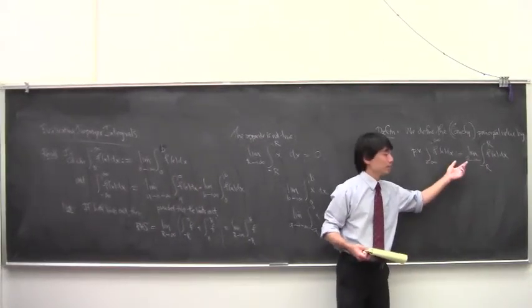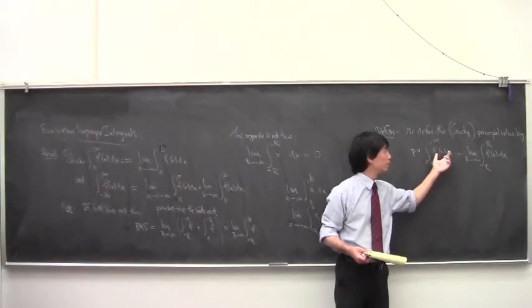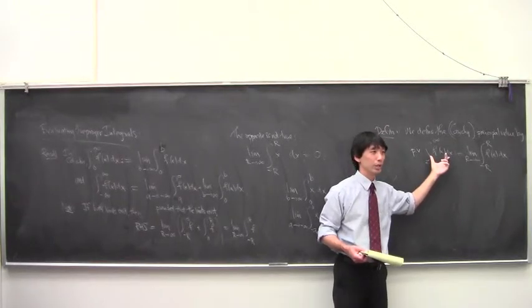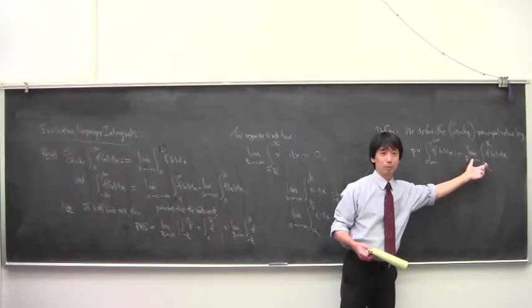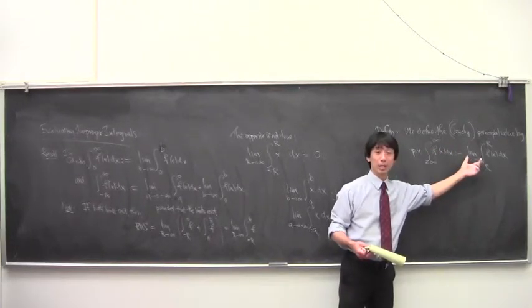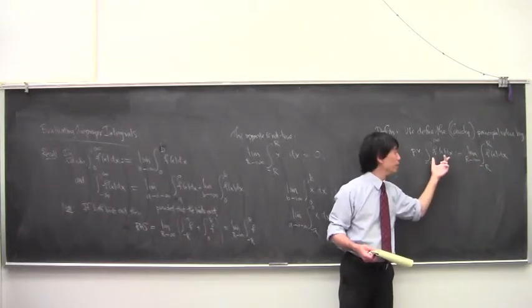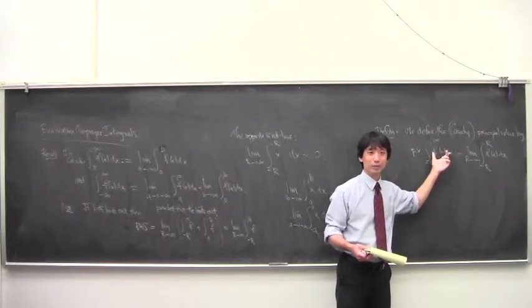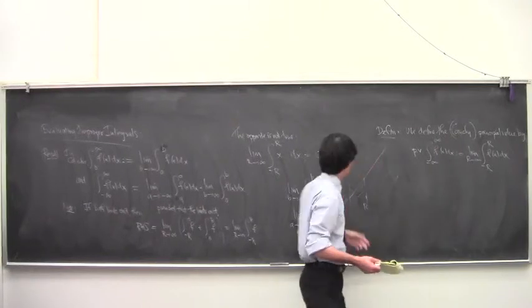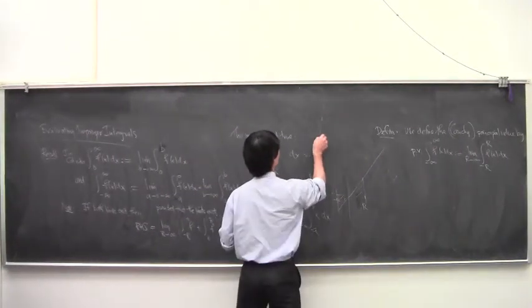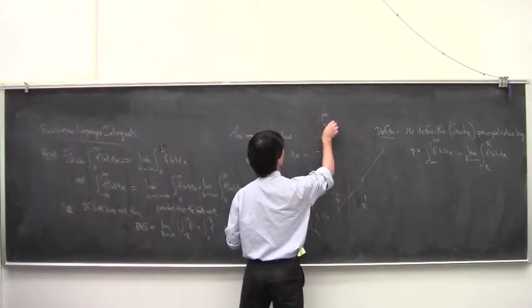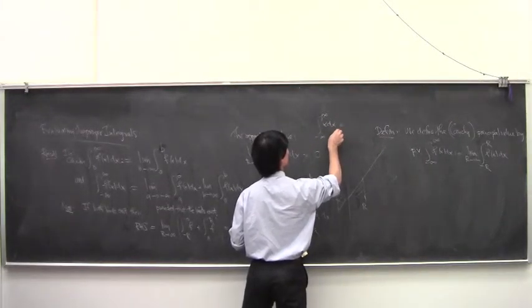So this is something that could exist even though the improper integral doesn't converge. If the integral does converge, then this will give you the right value. But it'll also give you values sometimes when the integral doesn't even converge, like in this case, where you got 0 even though the integral from negative infinity to infinity of x is divergent.